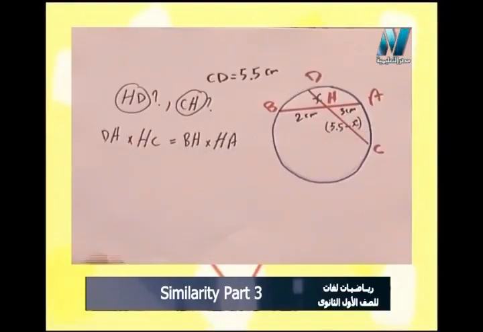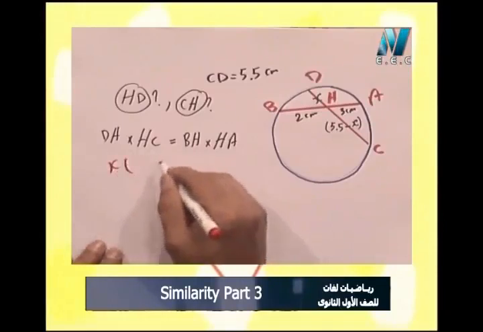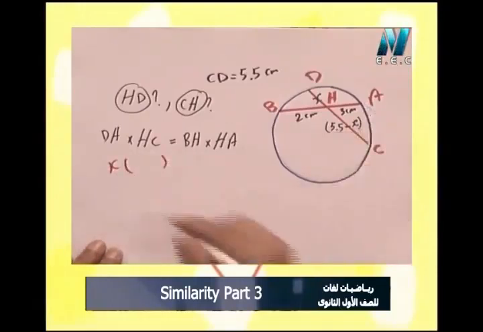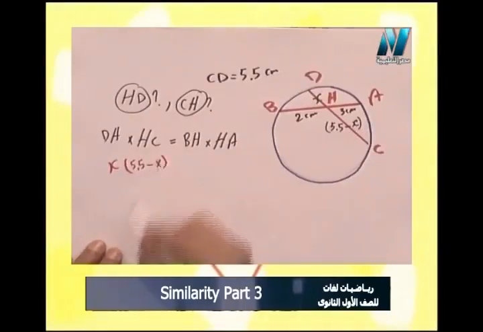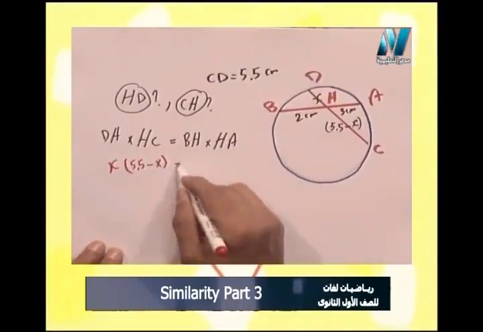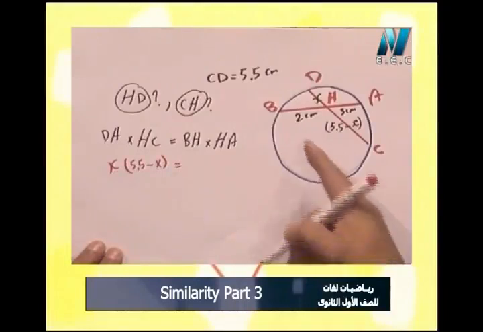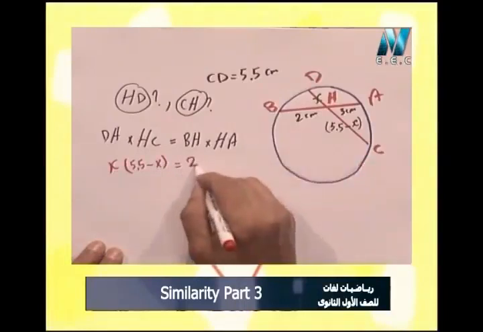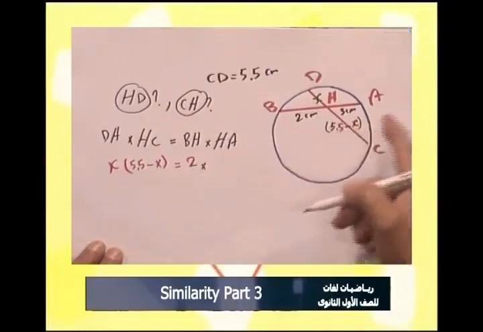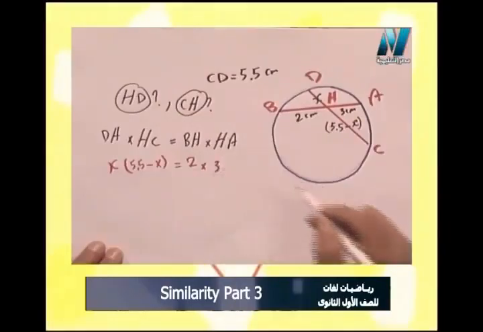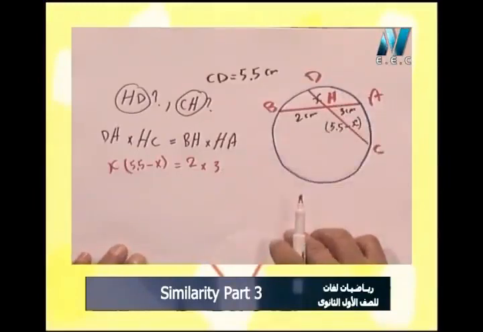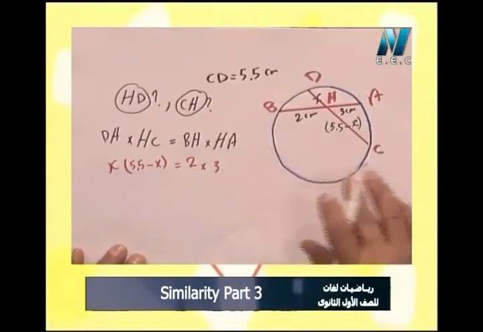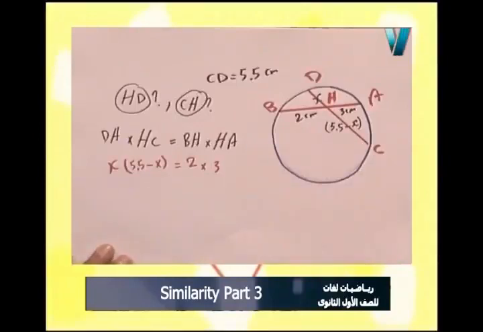DH equals x, multiplied by HC, which is 5.5 minus x, equals BH, which is 2, multiplied by HA, which is 3. And these lengths are not to scale, so concentrate only on the numbers.